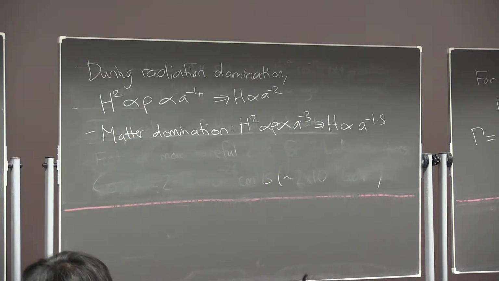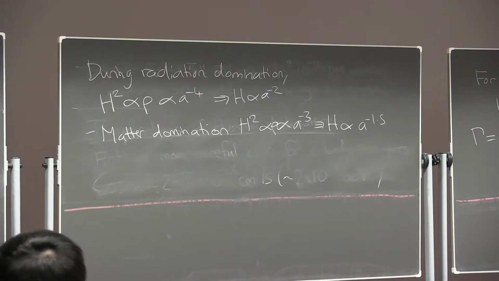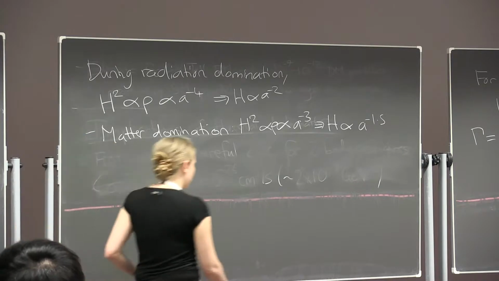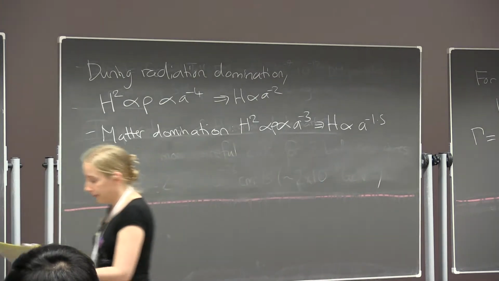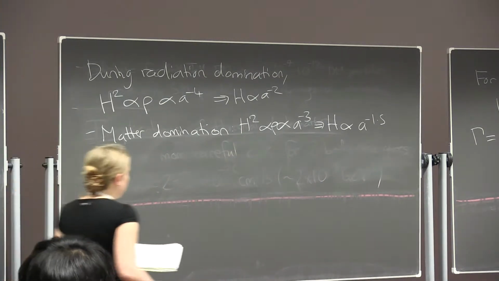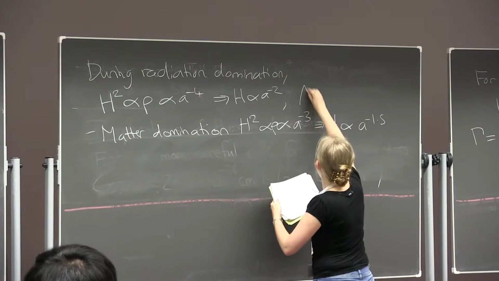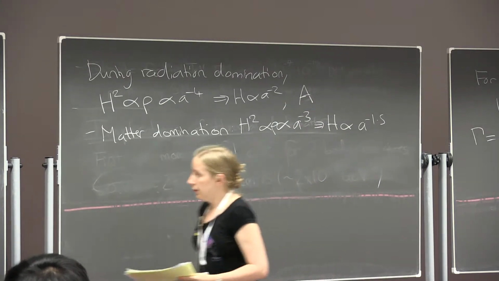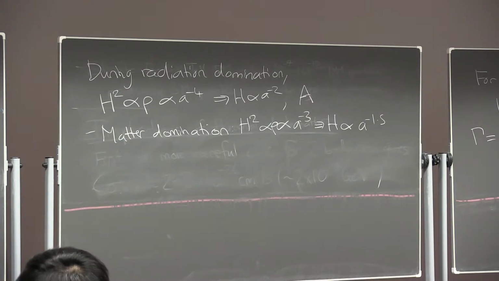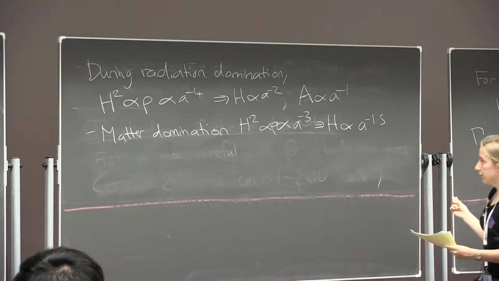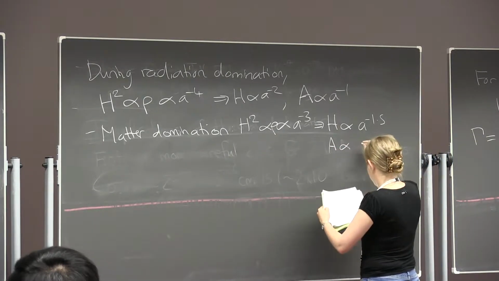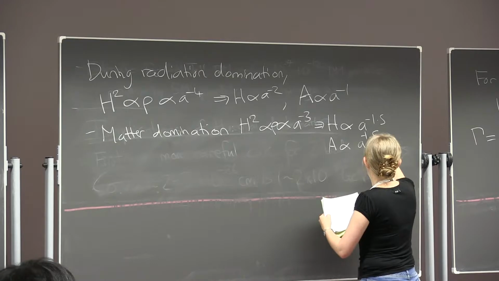So plugging that into this result, I'll call this quantity capital A. This is the definition. That is not standard notation; I don't think there is a standard notation for this quantity, so I'm going to call it capital A for the moment. In radiation domination, this total amount of annihilation in a co-moving volume per Hubble time scales like a to the minus 1 if sigma v is constant with respect to a, and in matter domination it scales as a to the minus 1.5.